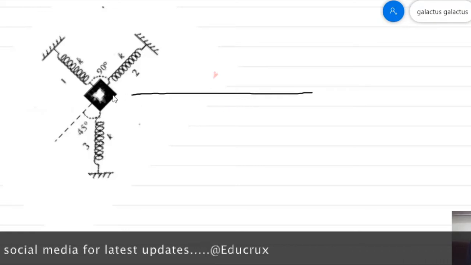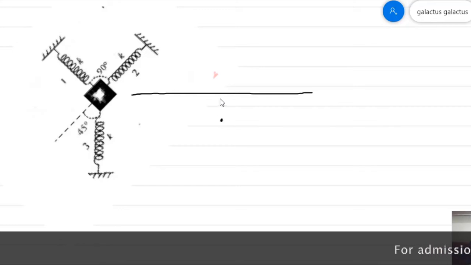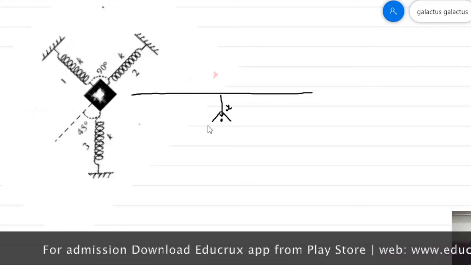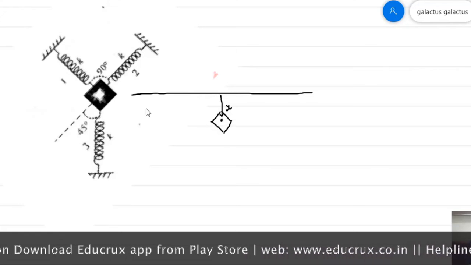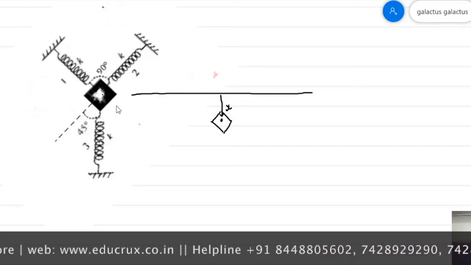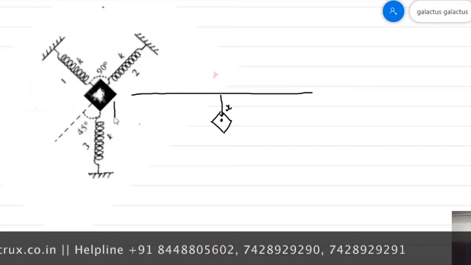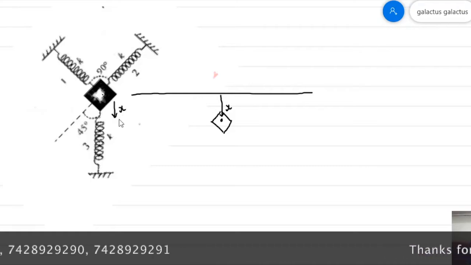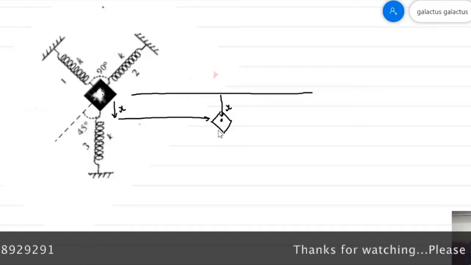Let us say this is the initial configuration of the spring, and the final point at which the mass is now is this, at a distance x from the initial position. So from this point, if I compress the spring in this direction by a displacement x, then the final position of the block will be this.